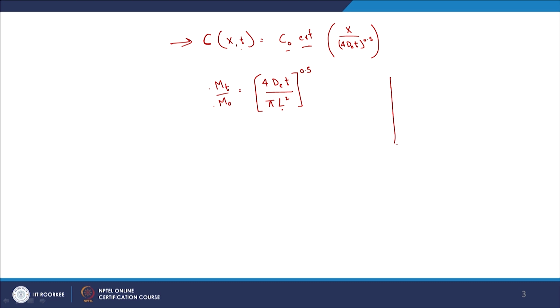So, let us try to see how that happens. Something like this: the mass that is leached out, as time keeps increasing. Here we have Mt by M naught, and with time, as you see, the profile more or less flattens out. So, why is that? Obviously, it is because over time the concentration gradient decreases. Again, what drives diffusion?